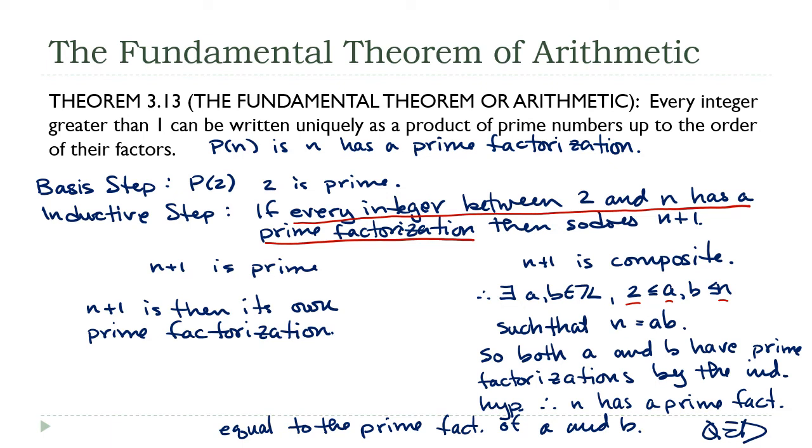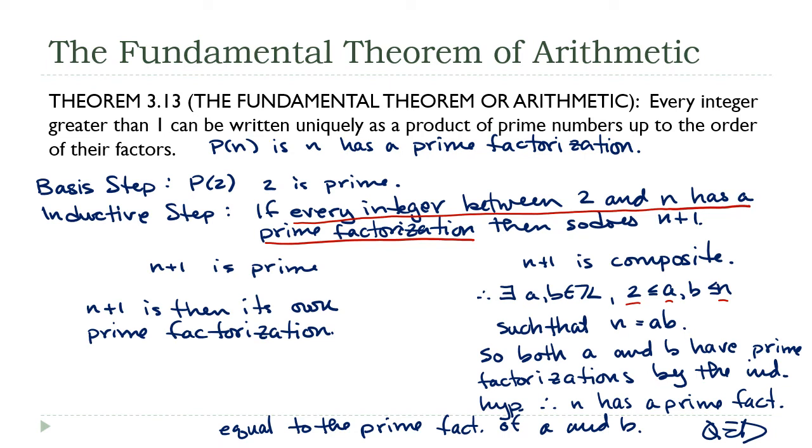But I do want to take a step back and point out why strong induction was the way to go here. In plain mathematical induction, I'm restricted to only knowing that the next element down satisfies the induction hypothesis.